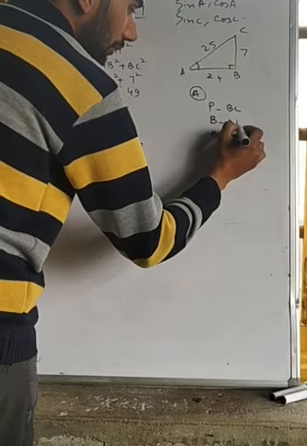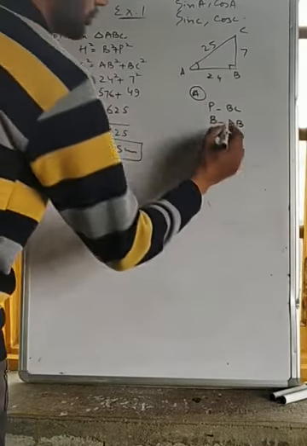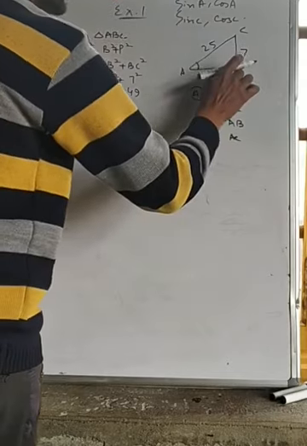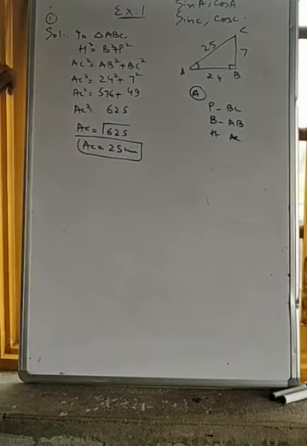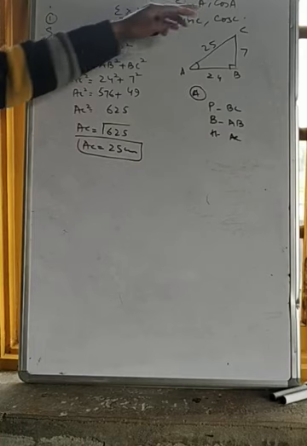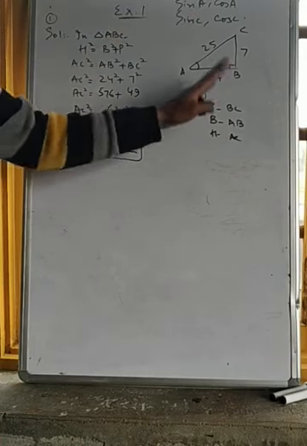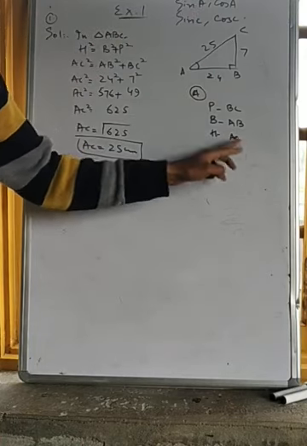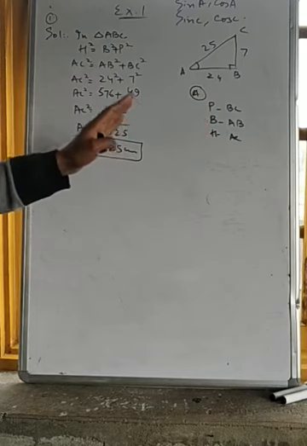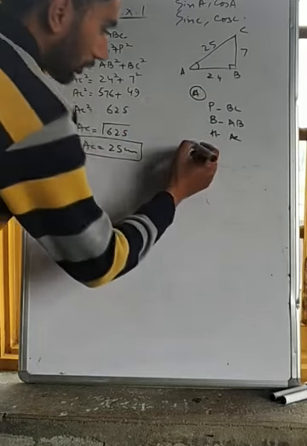Adjacent side is AB, so base is AB, and hypotenuse is AC, because it is the opposite of angle B, which is 90 degree angle. For angle A, we are updated for all three sides, BC, AB and AC, which are perpendicular, base and hypotenuse.